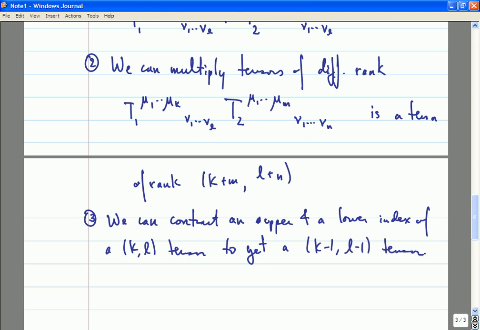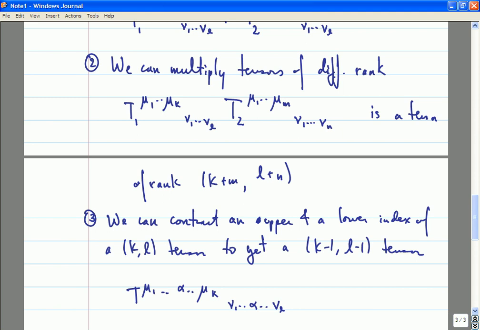So, for example, if you have a tensor with K upper indices, you could choose one of those indices and contract it with one of the lower indices. And by contract, of course, I just mean sum over.